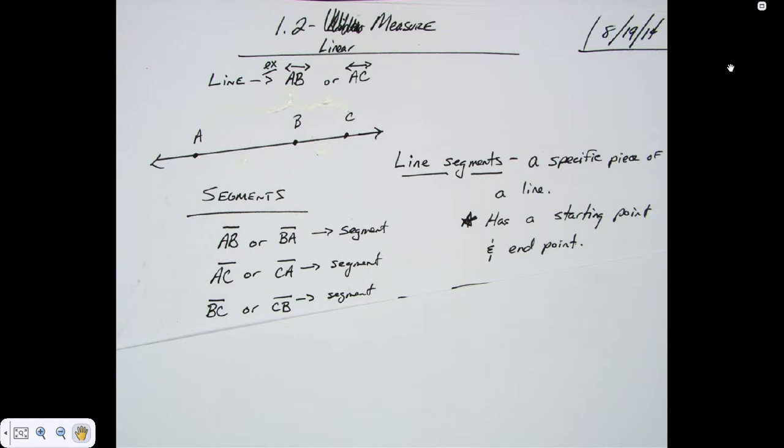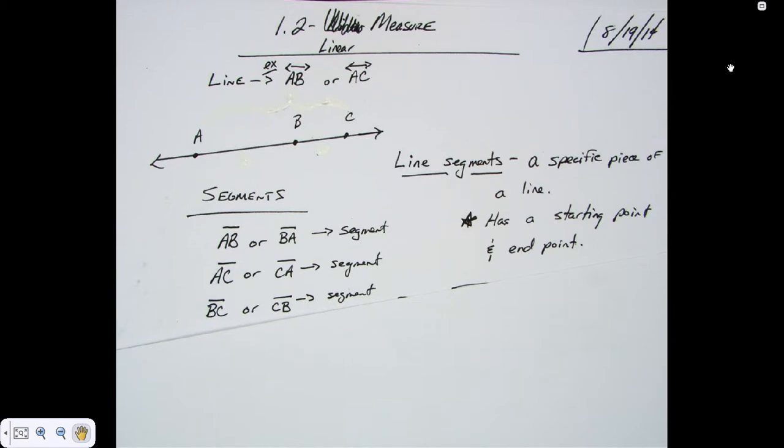What do you guys think about the way I labeled AB? Would that have been the way you've done it if I asked you to and you didn't know how to label a segment? Think about it. We did yesterday. What makes a line go on forever and ever? What aspect of it? The arrows.